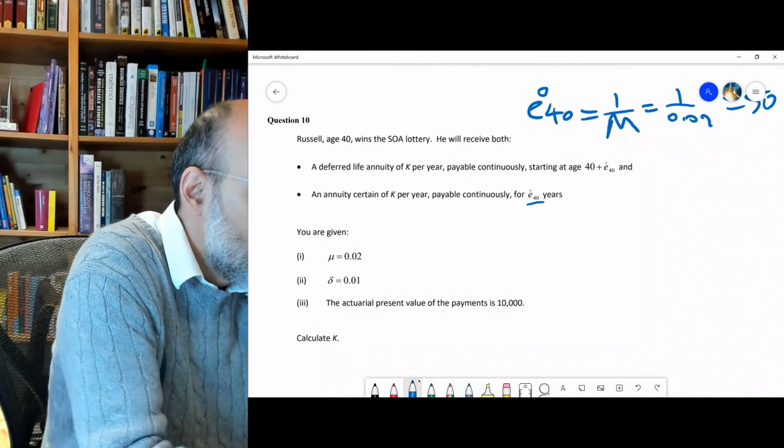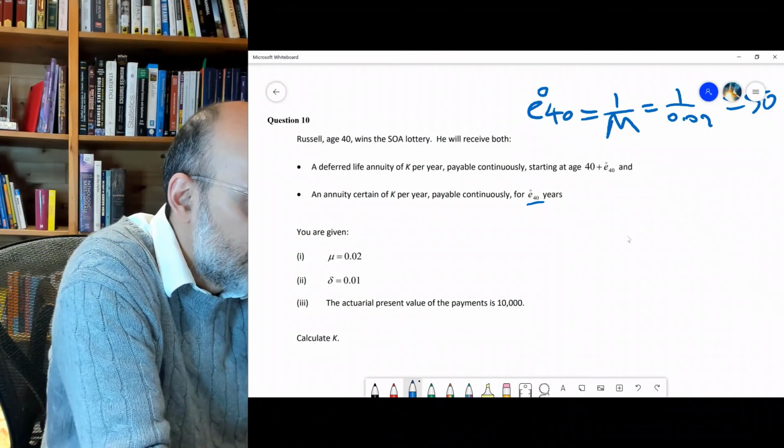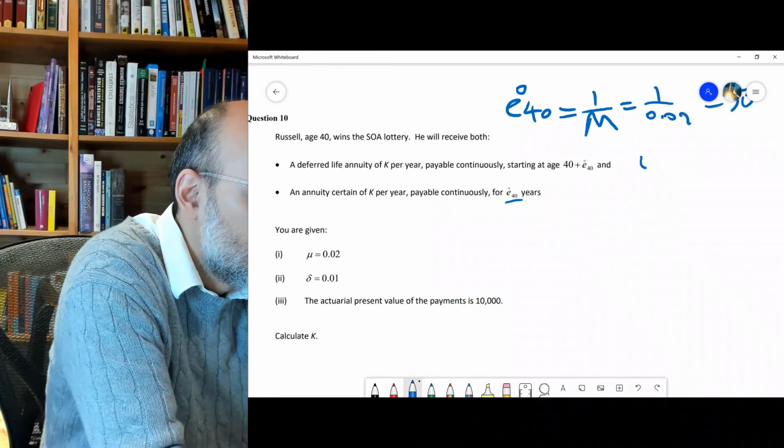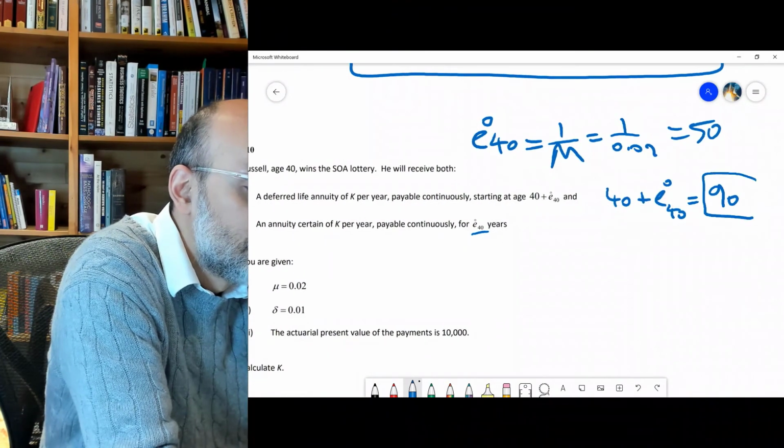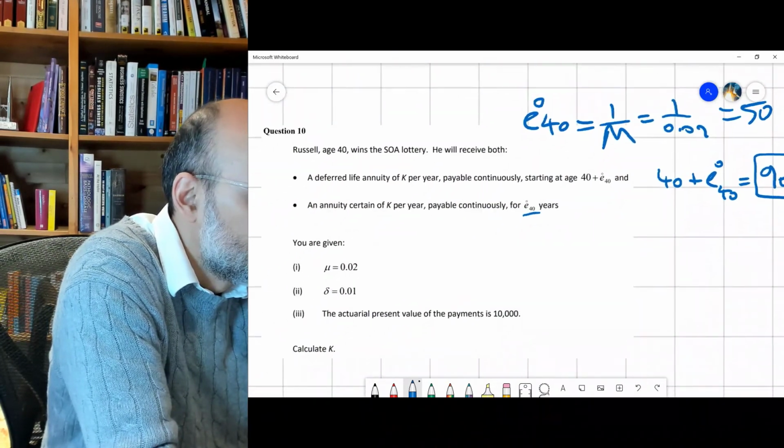So now we can change this language here: 40 plus E40 is 90, because we already calculated this one. It's easier for us.